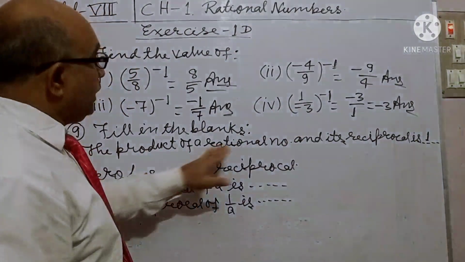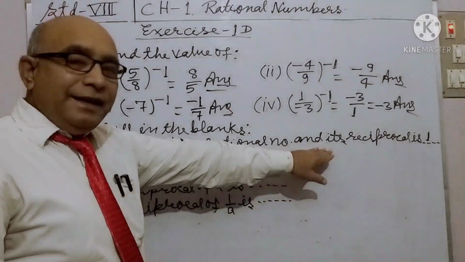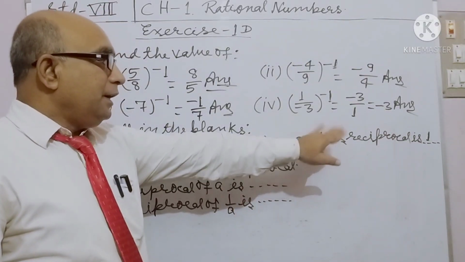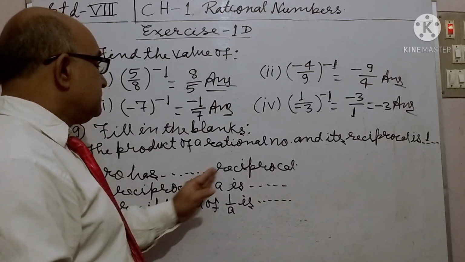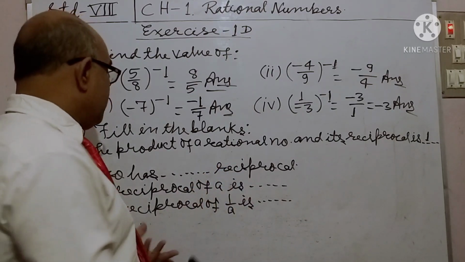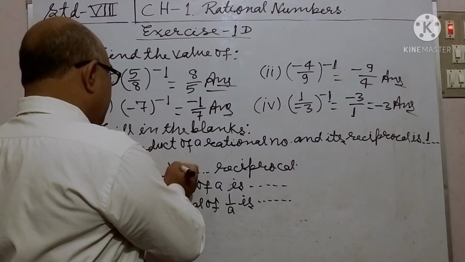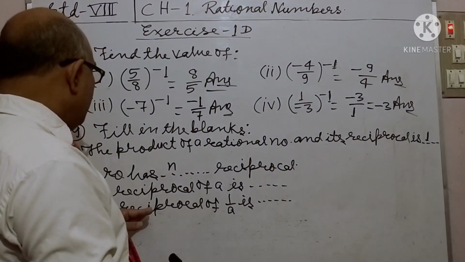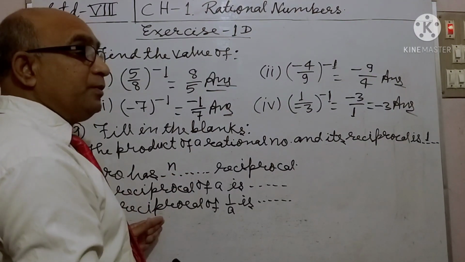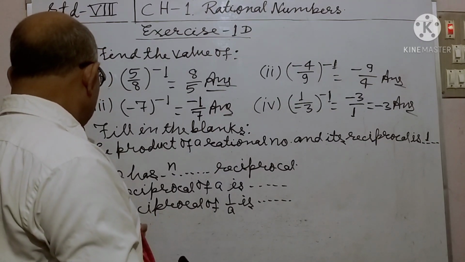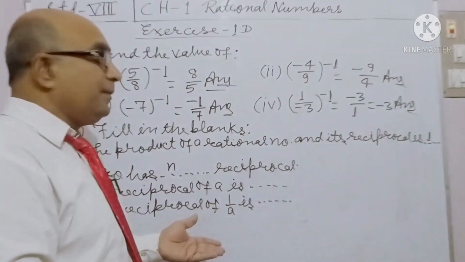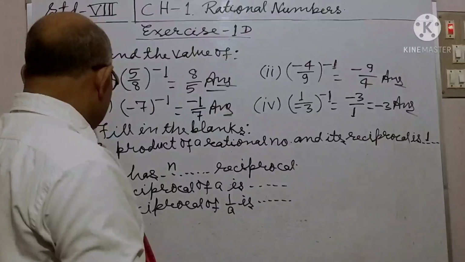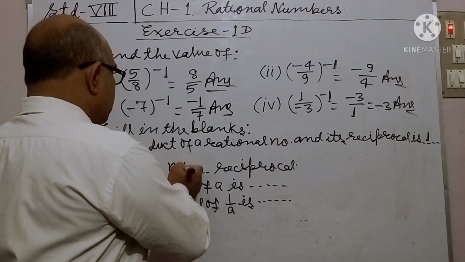So the product of a rational number and its reciprocal is 1. Next, 0 has no reciprocal, because the reciprocal of 0 equal to 1 by 0, and 1 by 0 means meaningless. So 0 has no reciprocal.